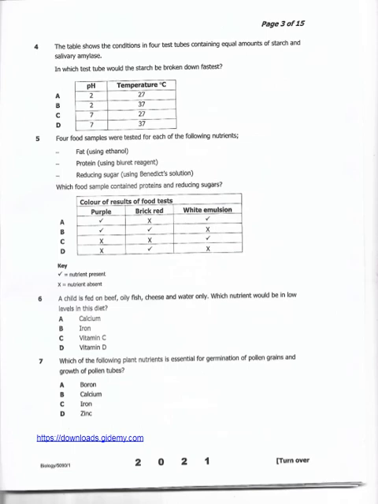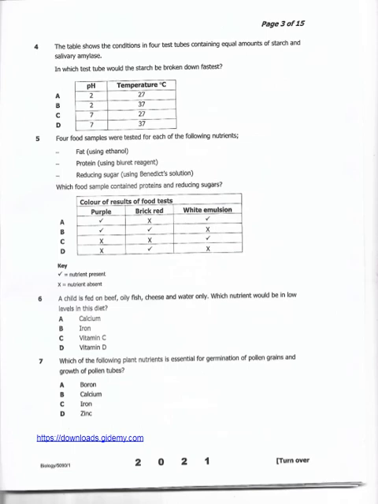Question number 4. The table shows the conditions in 4 test tubes containing equal amounts of starch and salivary amylase. In which test tube would the starch be broken down fastest?